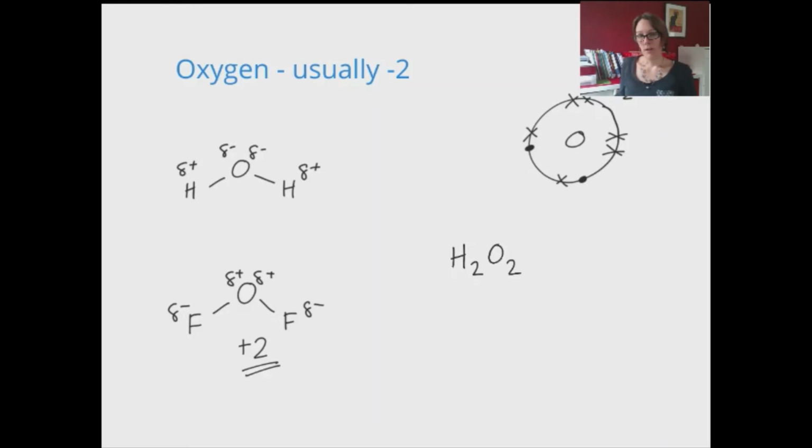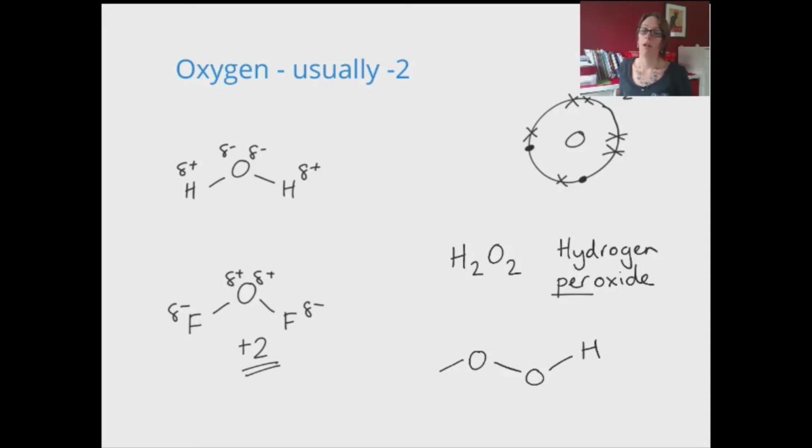Another example where oxygen is not -2 is in a peroxide. So hydrogen peroxide is the most common that can happen here. And again, we're thinking about the bonding. What would that look like? Well, if oxygen needs to form 2 bonds and hydrogen forms 1, that would be how we would draw hydrogen peroxide.